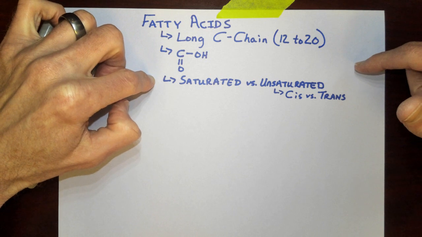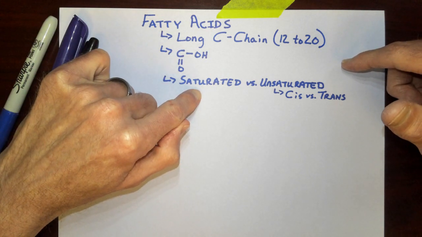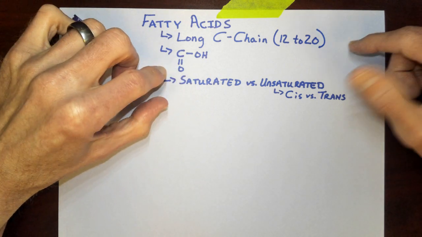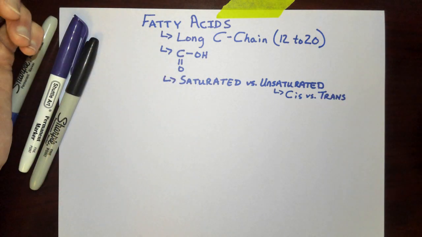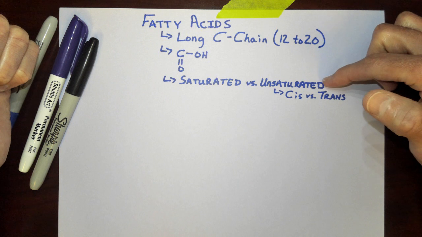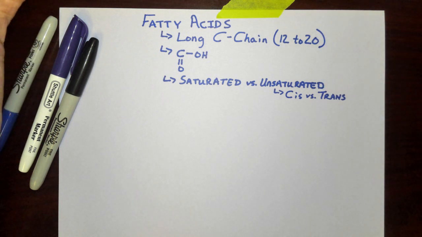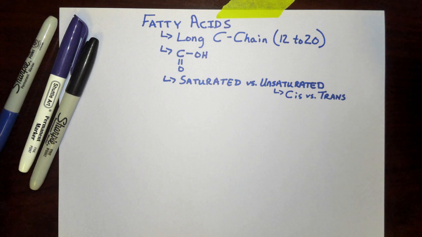And fatty acids can be considered saturated or unsaturated. Remember, saturated would be if all of the carbon-to-carbon bonds are single bonds. Unsaturated is there's a double bond in that carbon chain between two of the carbons.